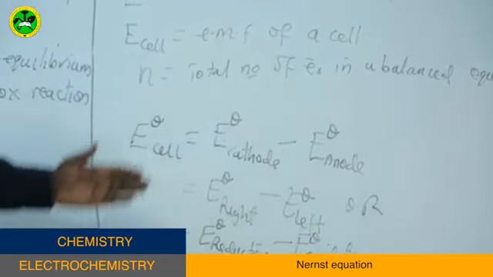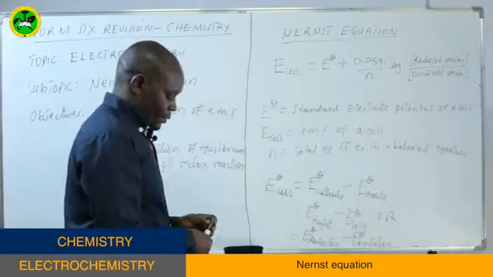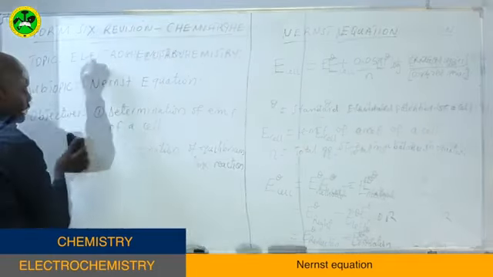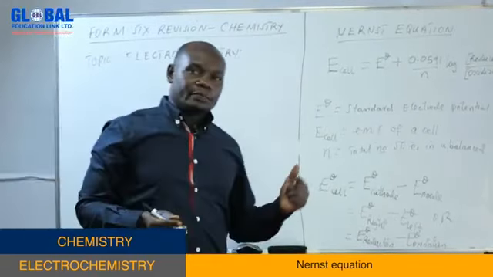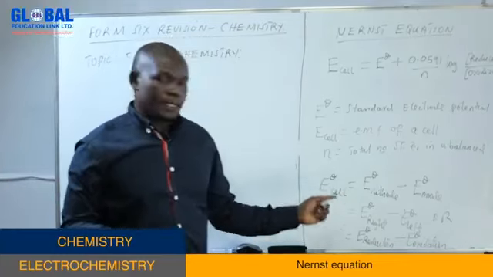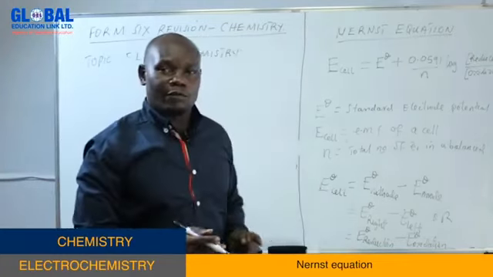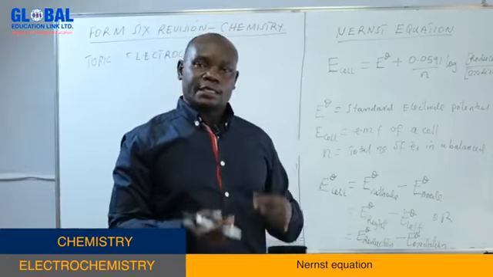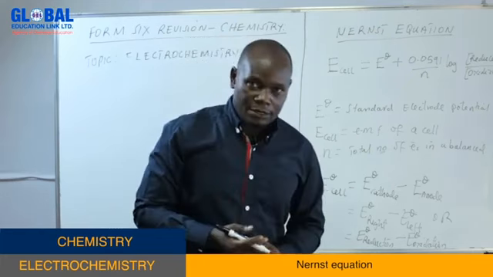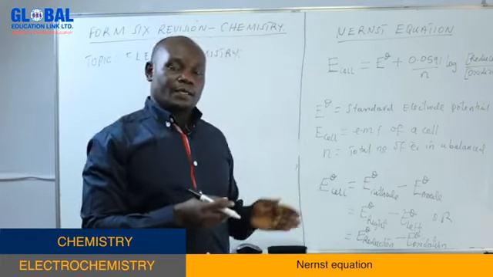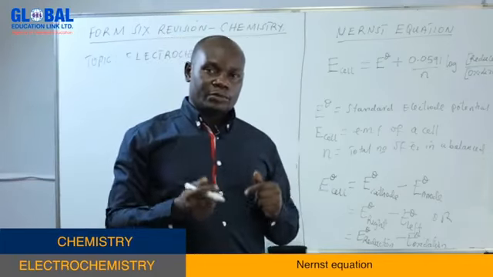Now, if you are given the electrode potentials, how can you determine the species that will undergo reduction and the species that will undergo oxidation? Remember that when you are given the standard electrode potentials, the species which is oxidized is the one with the more negative standard electrode potential, or the less positive standard electrode potential.